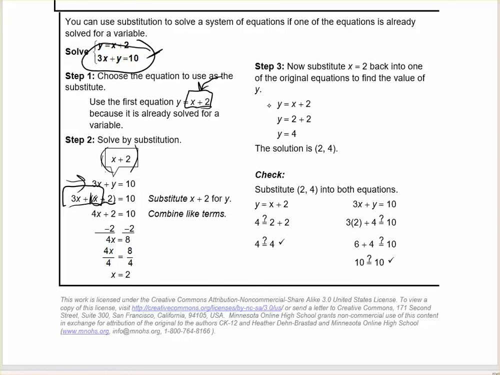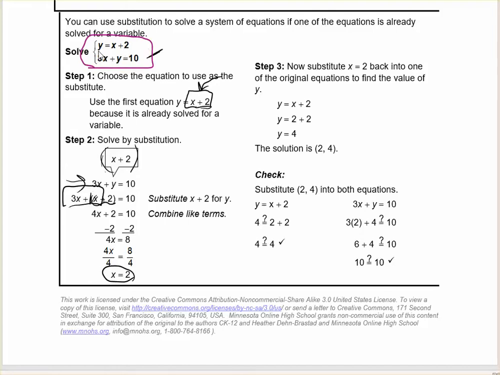Subtract 2 from both sides. That gives you 4x equals 8. Divide both sides by 4, and we get x equals 2. Now that's only part of our answer. We're not done. We have to take what that answer is, x equals 2, and plug it back into either of our original equations. So look back at your original equations and decide which one would be easier to work with.